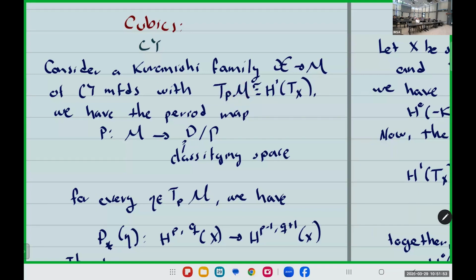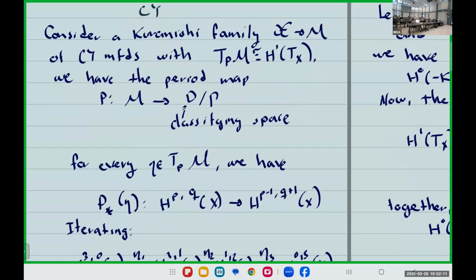If I take a look at the tangent space, from what I said before, this is H^1 of T_X, but this is actually going to be isomorphic, by using this volume form, to H^{2,1} of X. Now we can consider the variation of Hodge structures of the elements of the family here, and we will have a moduli space of these variations, and this is what is called the classifying space.